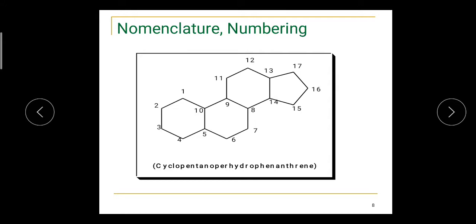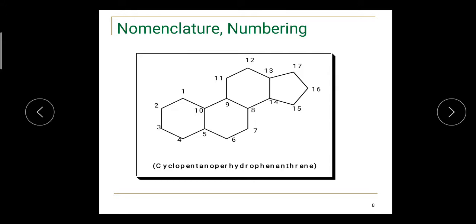Now we move towards the next part, that is steroidal nomenclature and numbering. Here is the basic nucleus, with numbering 4, 5, next 6, 7, 8, 9, 10, next 11, 12, 13, 14, 15, 16 and 17.